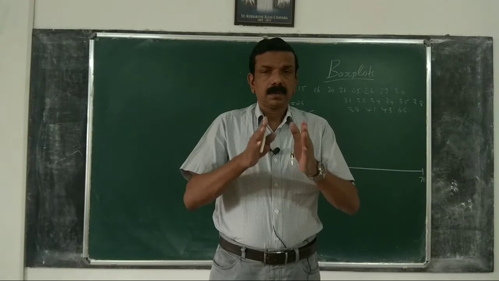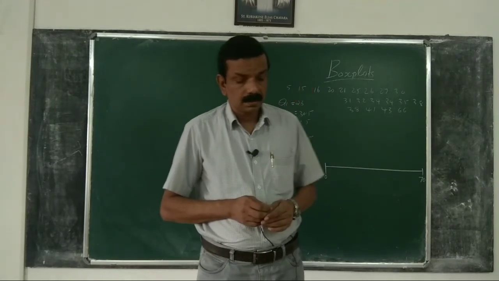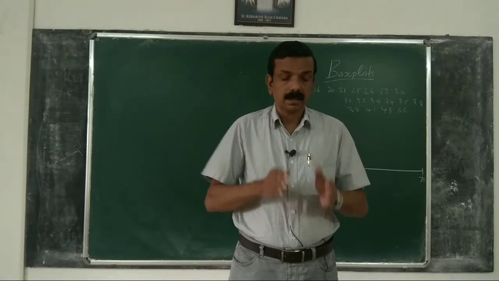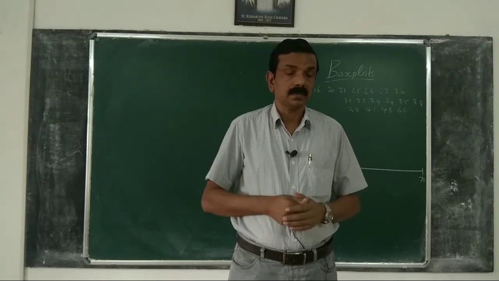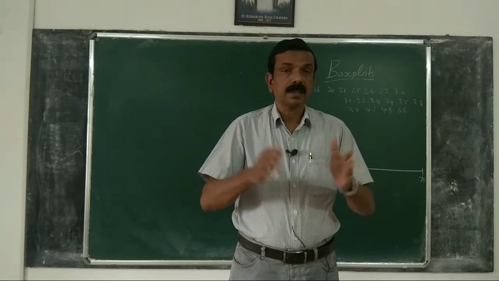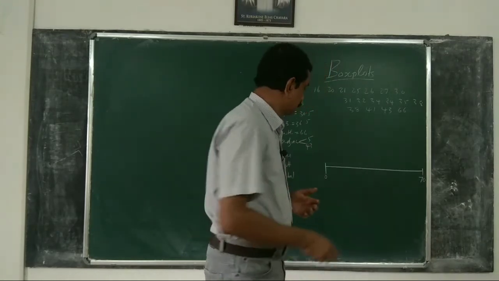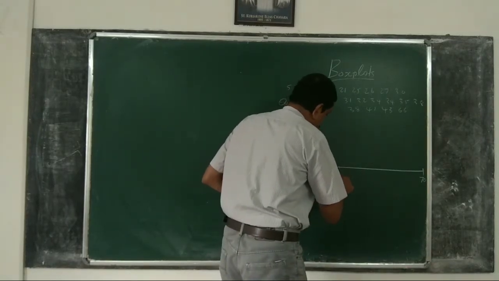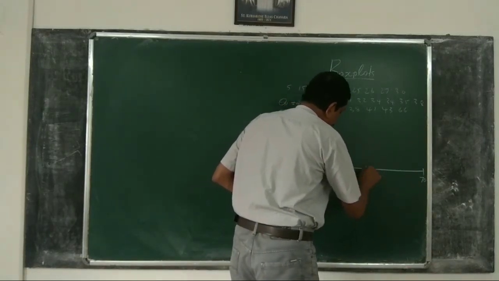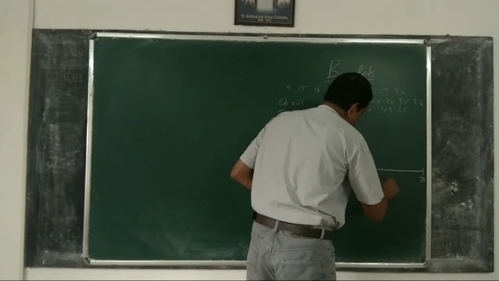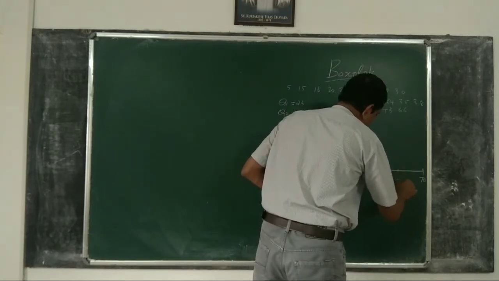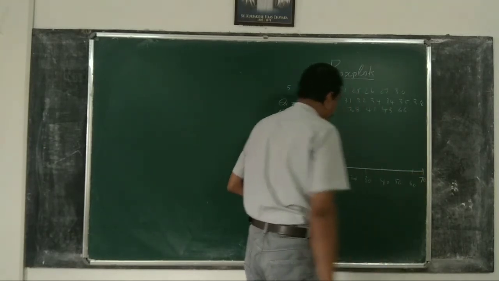Then above this axis, mark the quartiles and adjacent values with vertical lines, at 10, 20, 30, 40, 50, 60, 70.